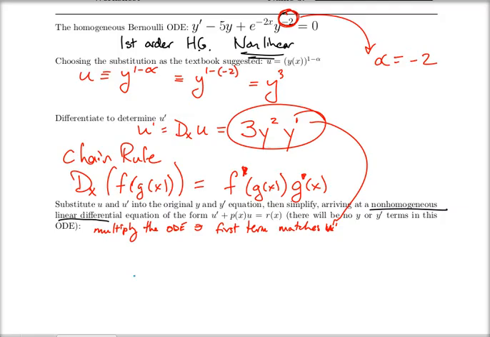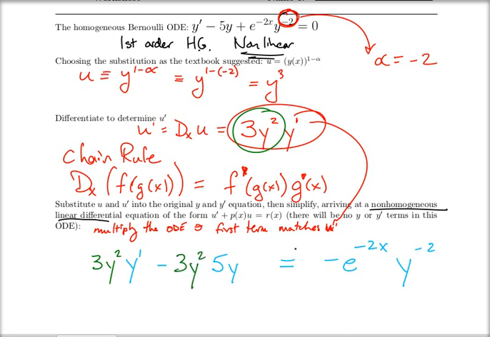Let's take our differential equation, y prime minus 5y, and switch it around to the standard form, equals e to the minus 2x, y to the minus 2. Then what we're going to do is multiply it by 3y squared.